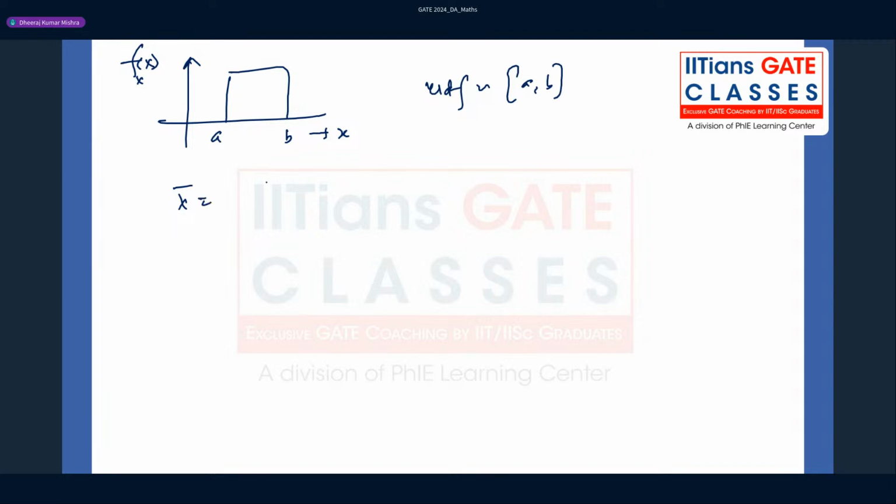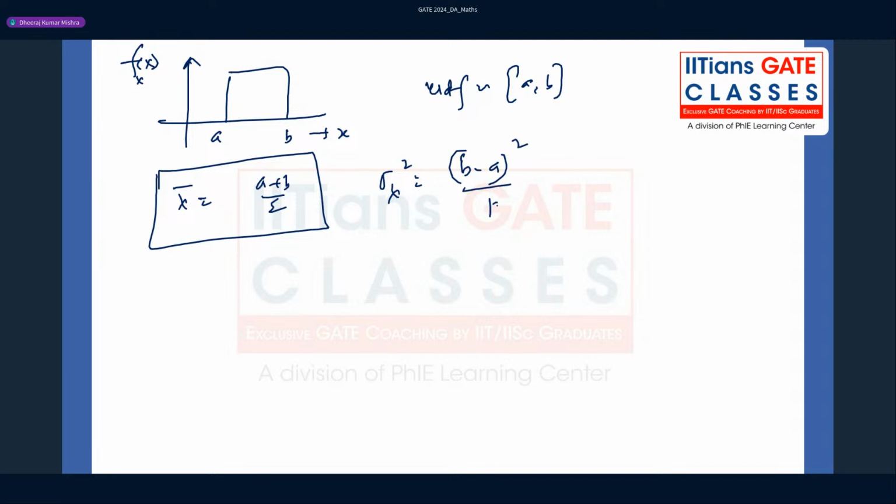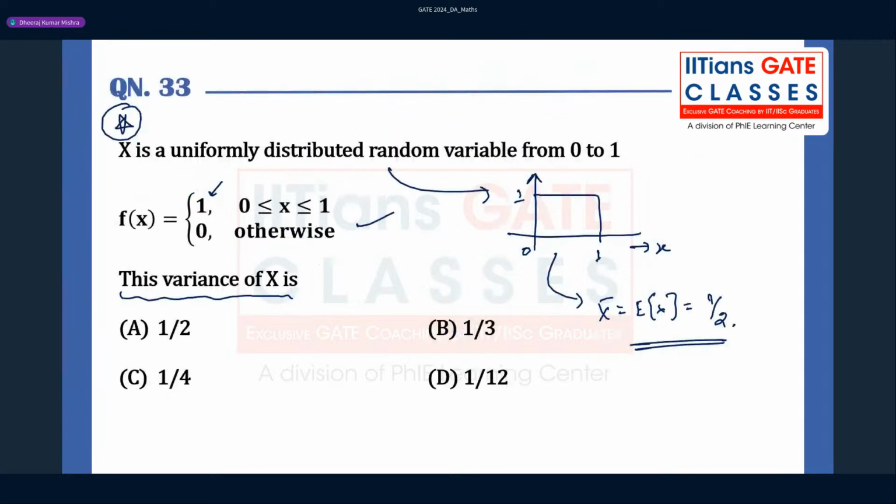The mean is going to be a plus b by 2. Directly you can remember the mean. Now if they are asking the variance, it can be written as b minus a whole square by 12. These are very simple formulas that you can remember, right? If you apply this, since b minus a is 1, you directly get 1 by 12, so the answer will be D.